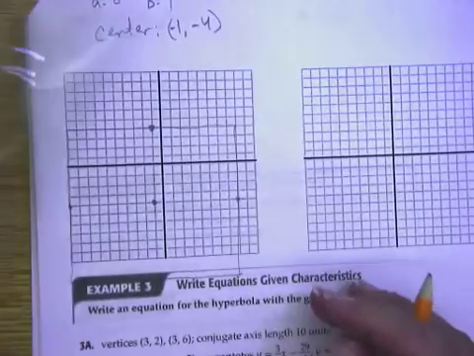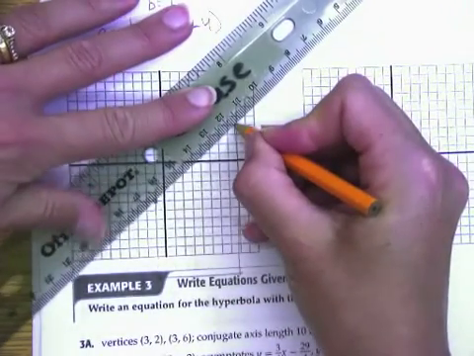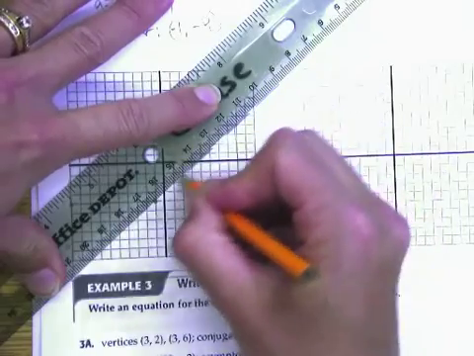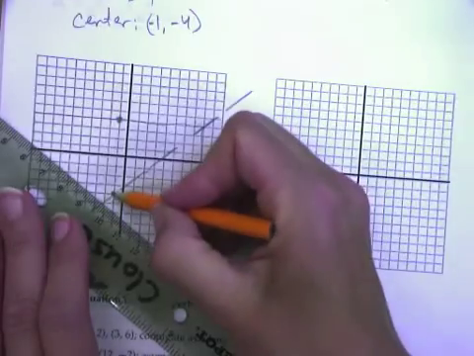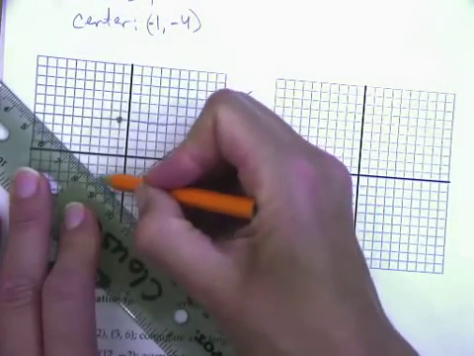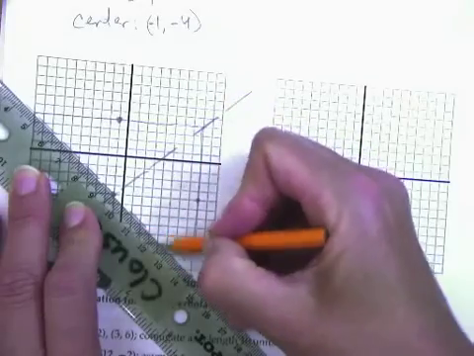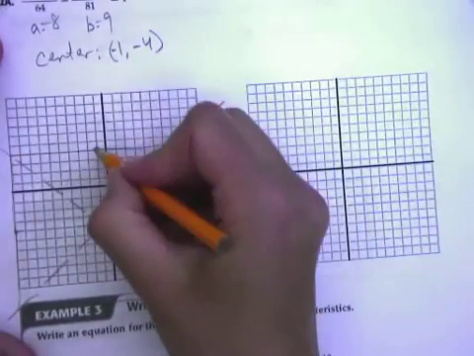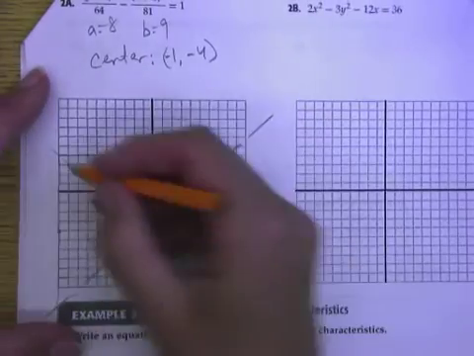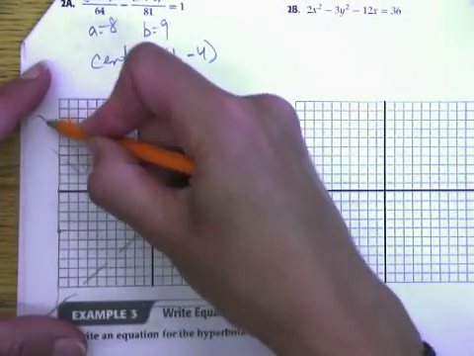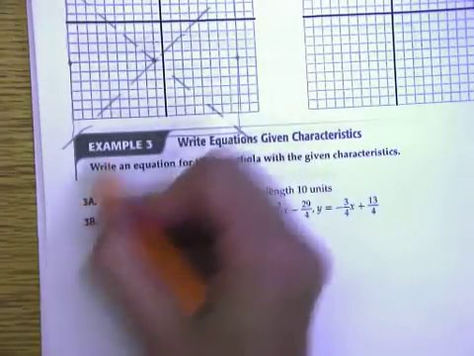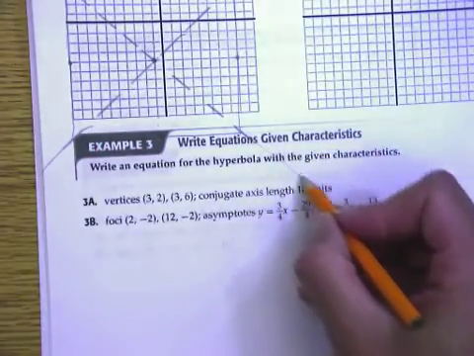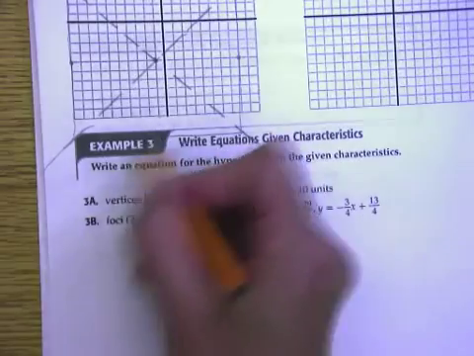And if I make the rectangle connecting those 4 points, here's one of the vertices of my hyperbola, and it's pretty wide.